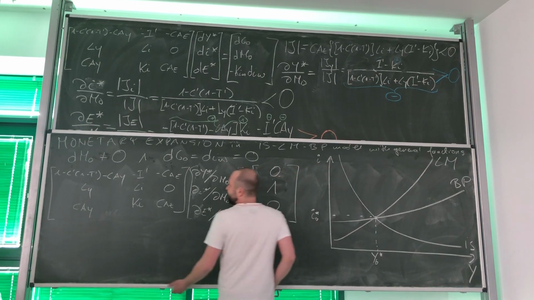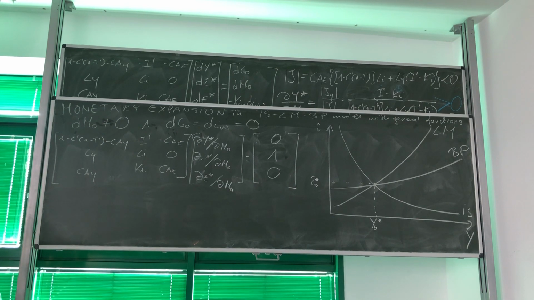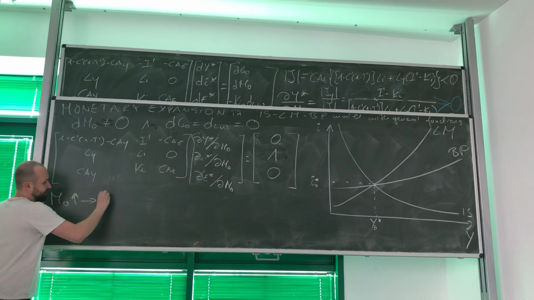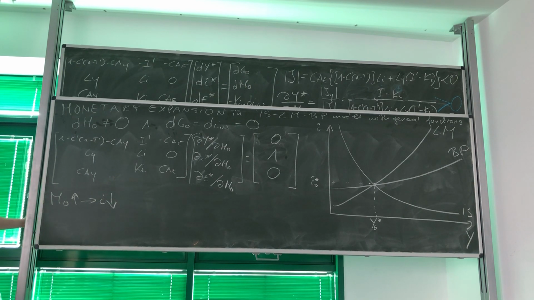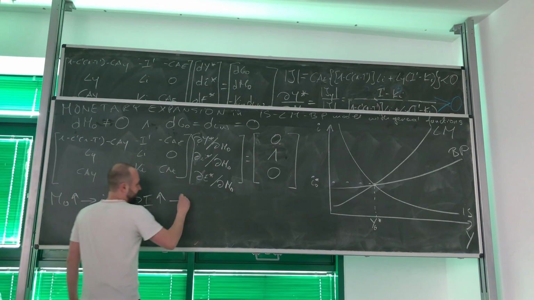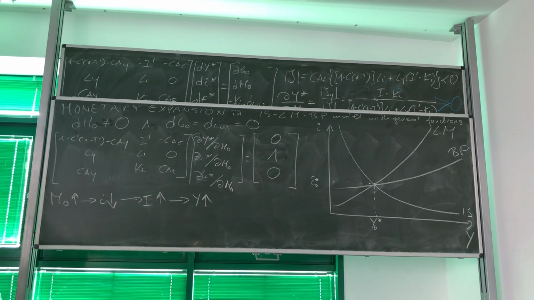So, look, let's start by reviewing what happens in the closed economy. If the central bank increases money supply, with the same money demand, this lowers the interest rate, right? Lower interest rate is associated with higher investment, and higher investment is associated with higher GDP.